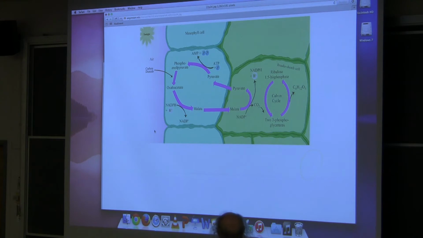So, what you see on this is the schematic structure of a C4 plant. What we see on the right is the Calvin cycle that you've already seen in the C3 plant. If this Calvin cycle is placed out here on the edge of this leaf, these pores that let in carbon dioxide will also let out water. And so it's more likely that, if we have the Calvin cycle out here, they're going to actually lose water.